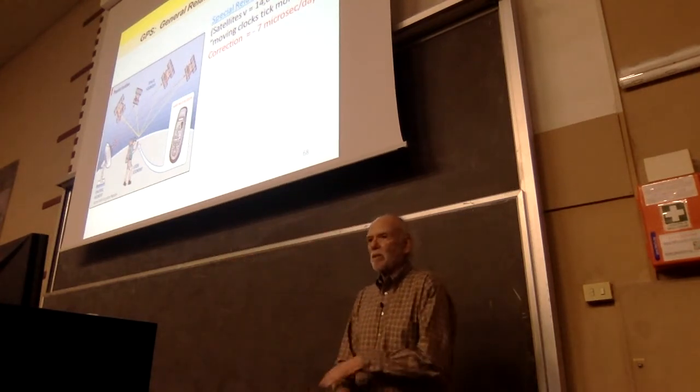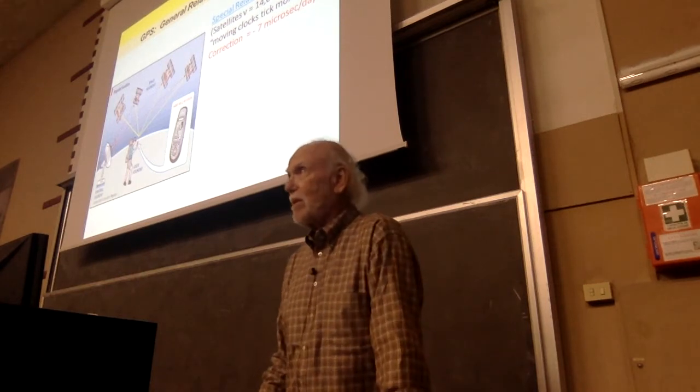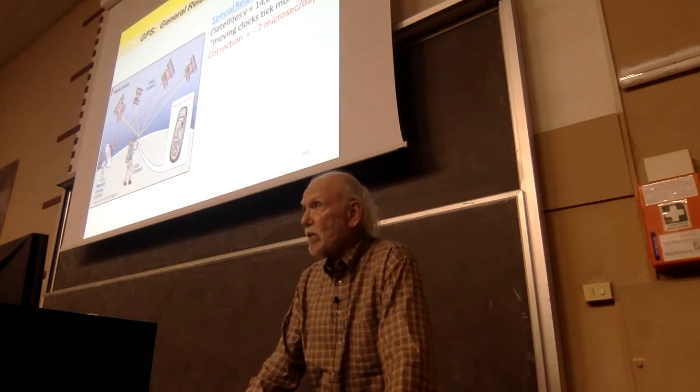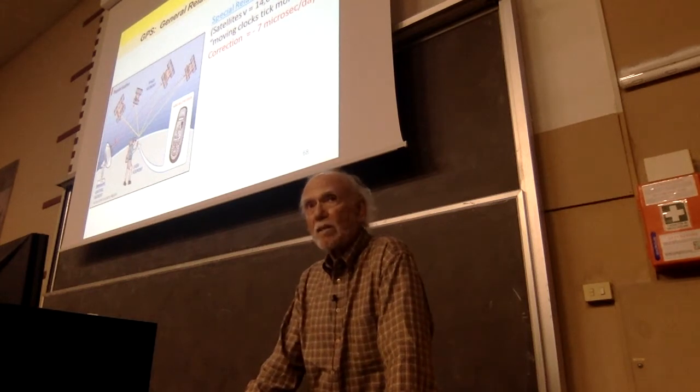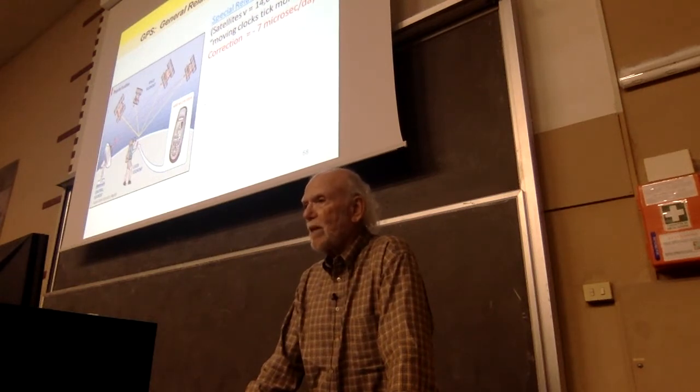Well, we all know how special relativity works. We have many examples of it, and it existed before. General relativity, which I'm talking about today, also is required to get the right answer for GPS.